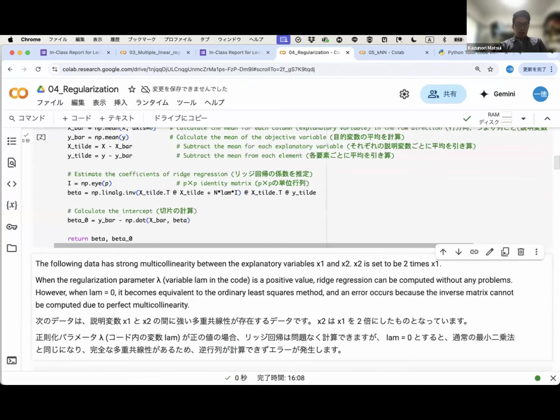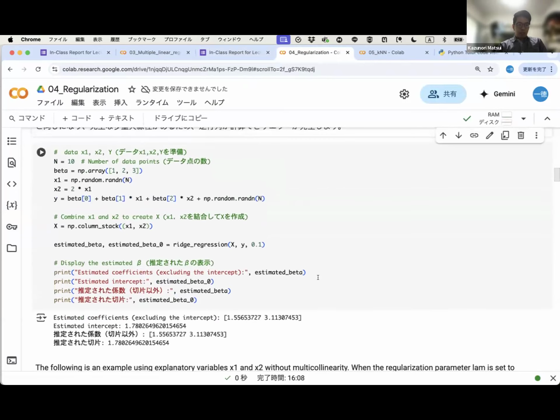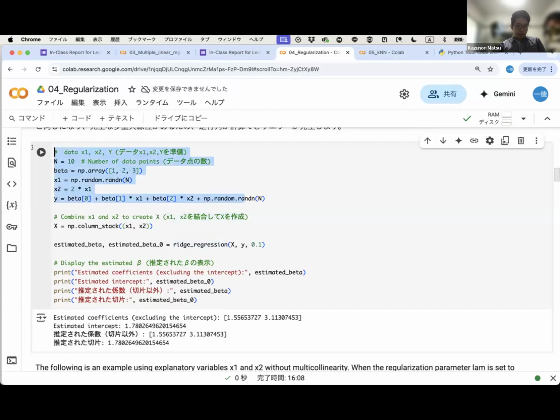Well, the code performs various processes: the flow of preparing the data, executing ridge regression, and outputting the result remains the same.